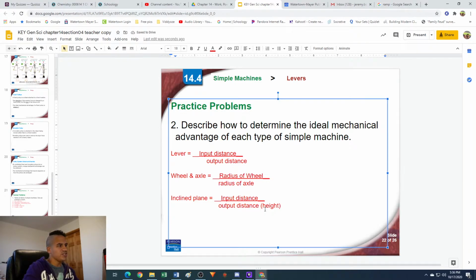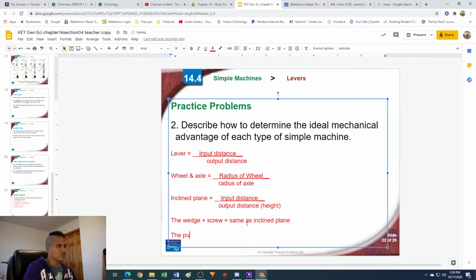For the wedge and the screw, these are going to be the same as the incline plane, because the wedge is 2 inclined planes put together, and the screw is an inclined plane that goes around a cylinder.